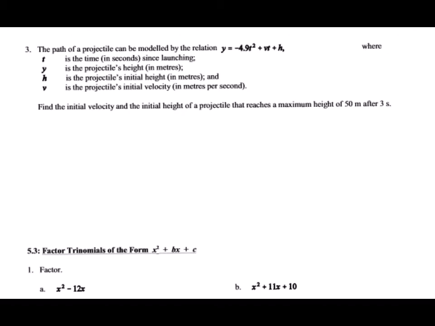Now for this next project, it's asking us to take something that is in vertex form, and we're going to convert it into standard form. But we first need to know what the vertex is of our equation. So let's figure out what we have to do here.